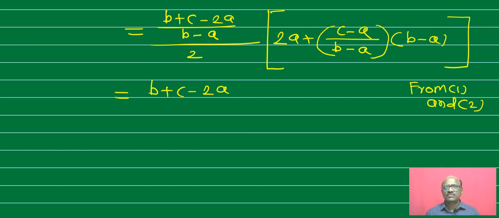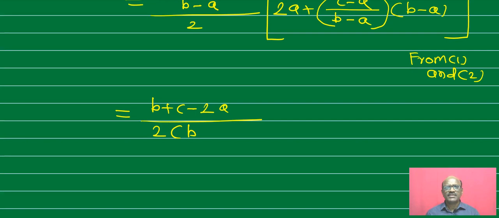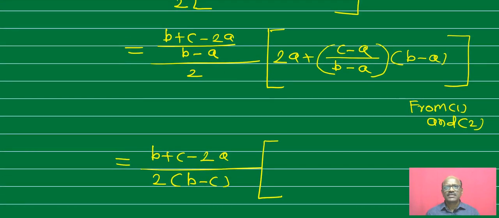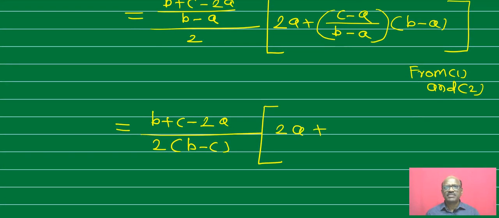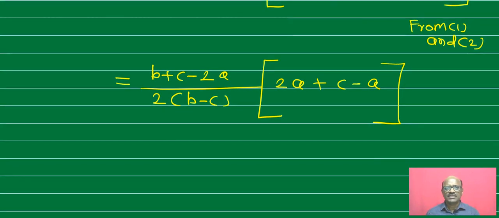From 1 and 2, we will substitute the values. Now here B plus C minus 2a upon 2 in bracket B minus A. Now simplify this, B minus A of the second term gets cancelled.